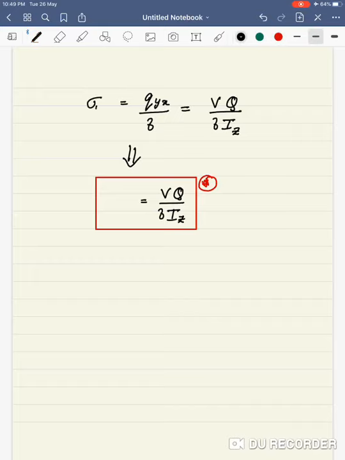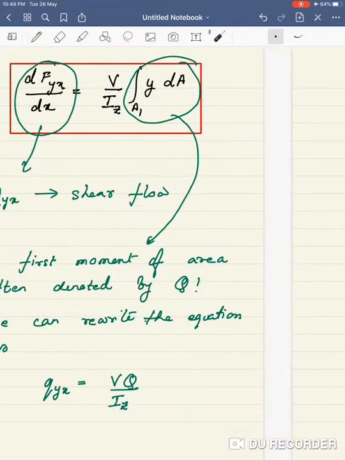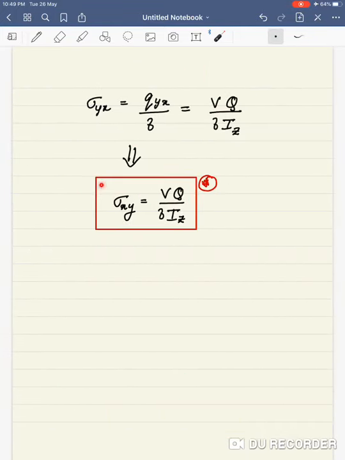So this is yx, this was xy. Right. So we had initially made a naive guess that the shear stress is equal to V by A, and that doesn't appear to be true now, because you have this other very complex formula, which is VQ by b Iz.